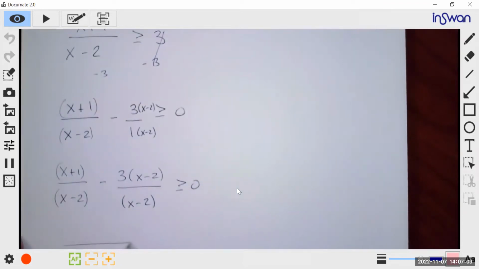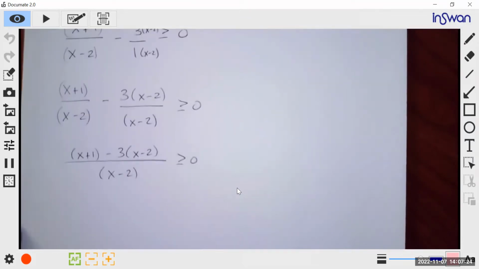Since I have a common denominator, all I got to do is worry about the top. I got to fix the top. X plus 1.